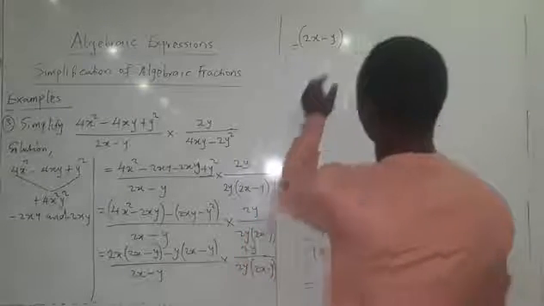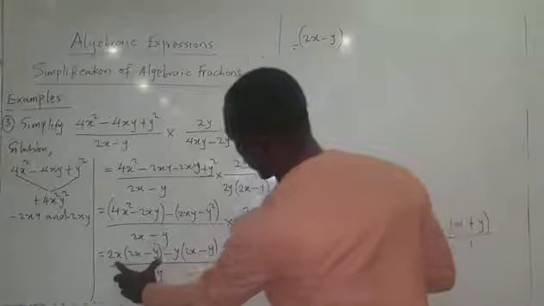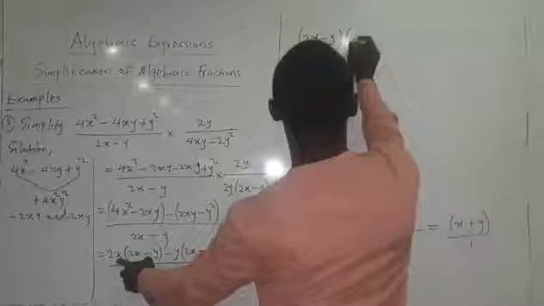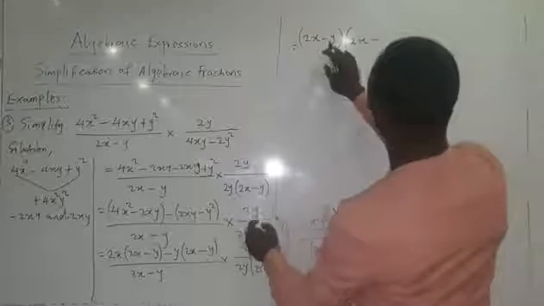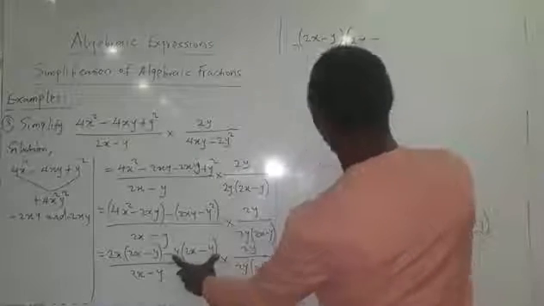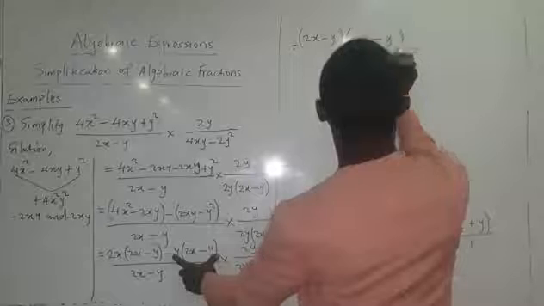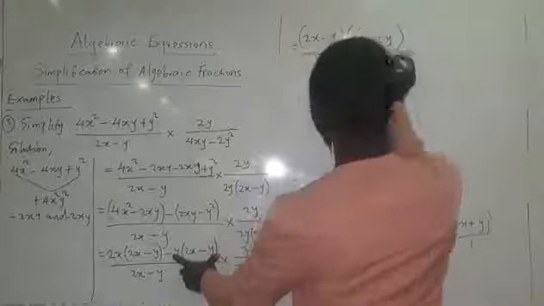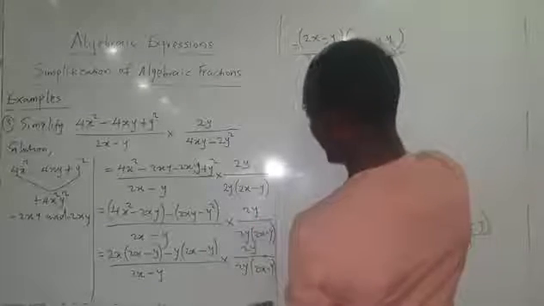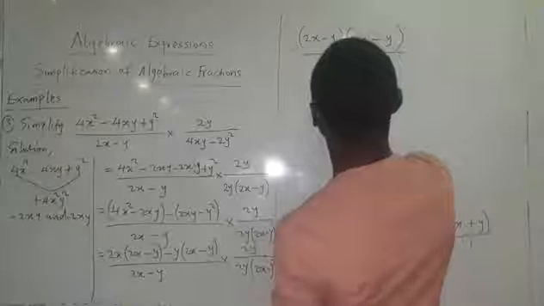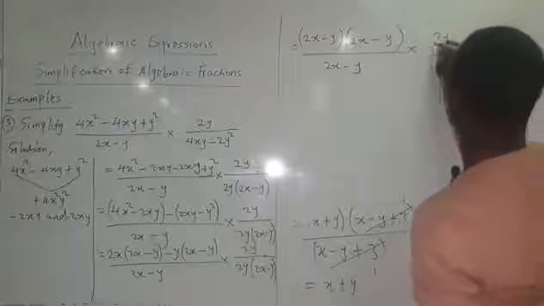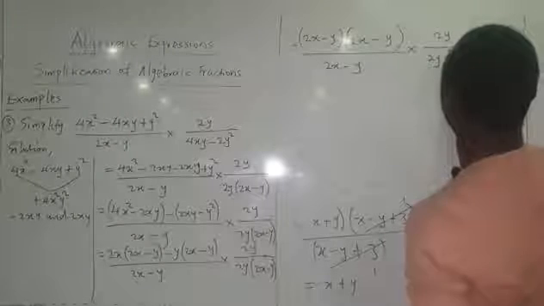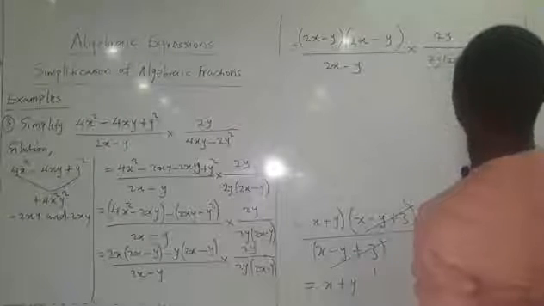So 2x minus y goes in this, so you'll be left with 2x, then minus 2x minus y in this one, so you'll be left with y. So all over 2x minus y multiplied by 2y all over 2y into 2x minus y.